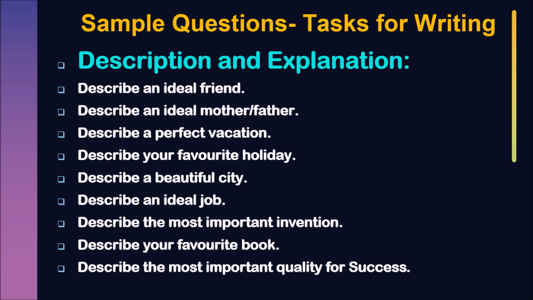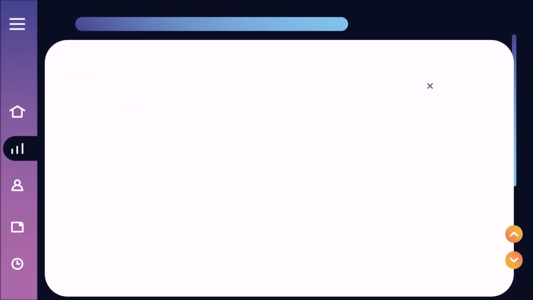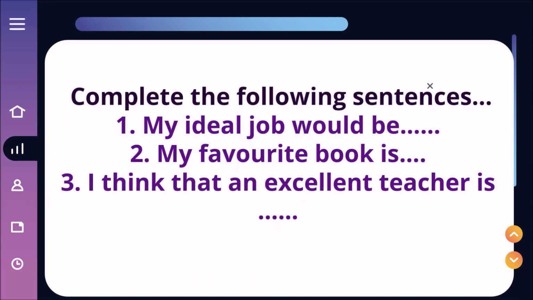Before you give practice, you can use certain expressions for every sentence. Let's check some expressions now, and later on we will see how we can give one sample task for the children. So my ideal job would be, my favorite book is, I think that an excellent teacher is.